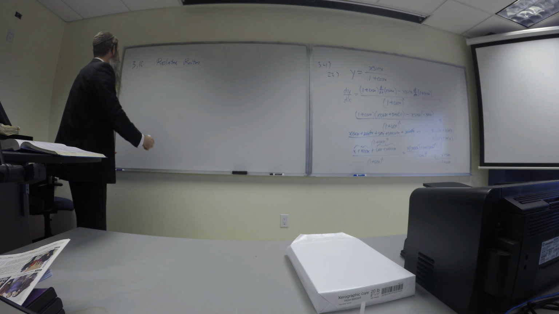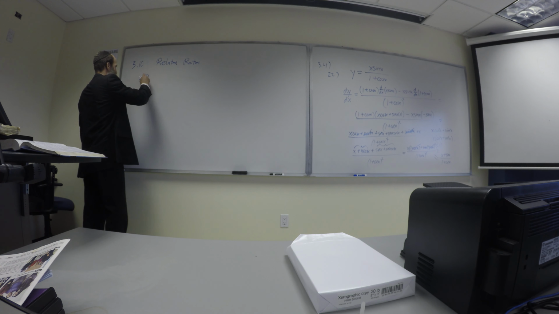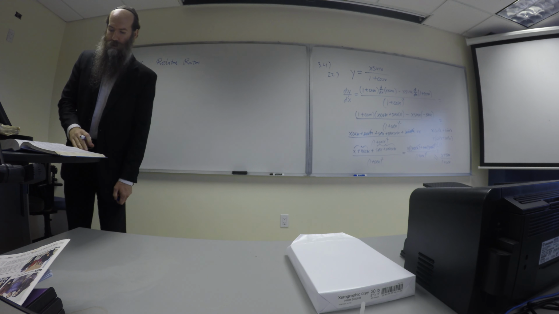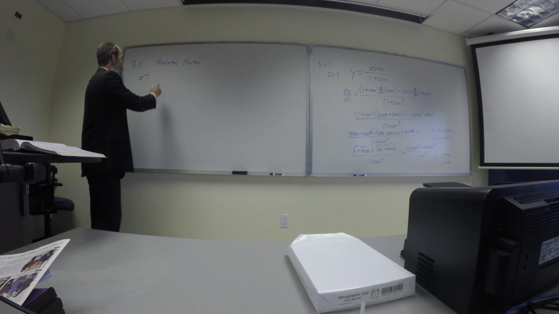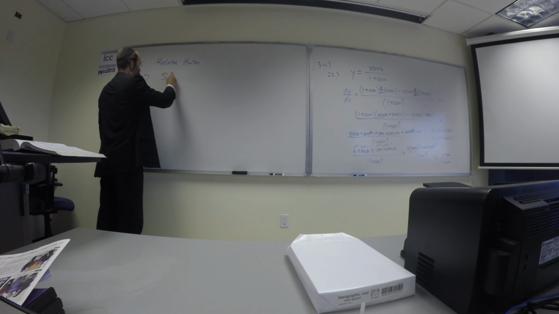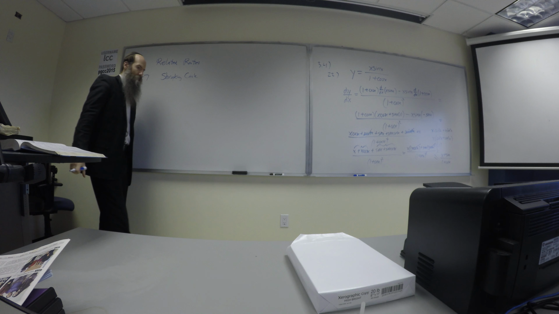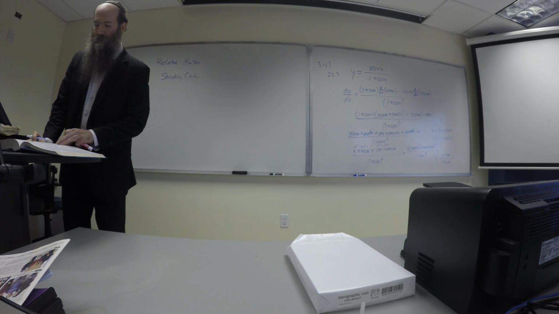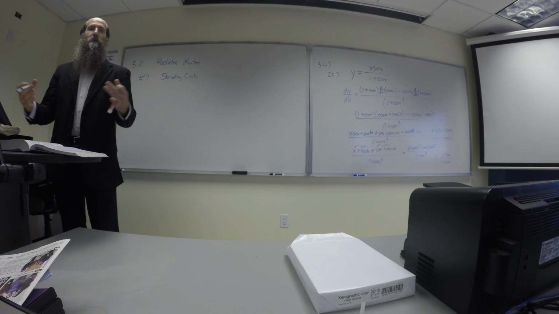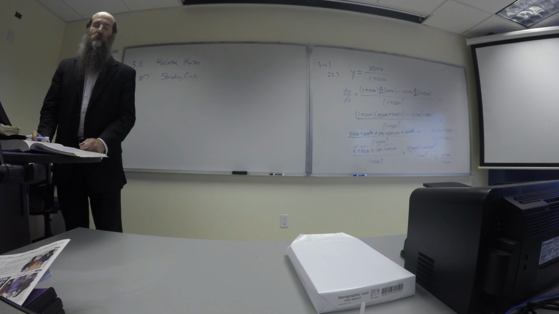Number 7. Start with this example. It says it is a shrinking circle. So related rates is simply about derivatives that are related to each other. That's all it is.